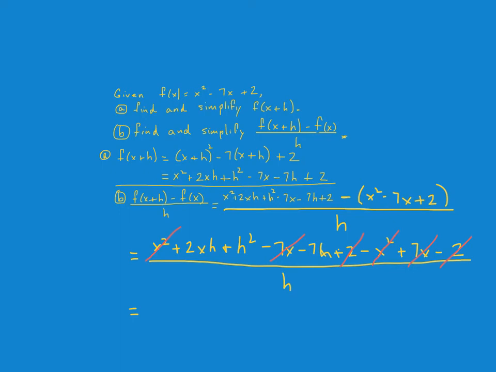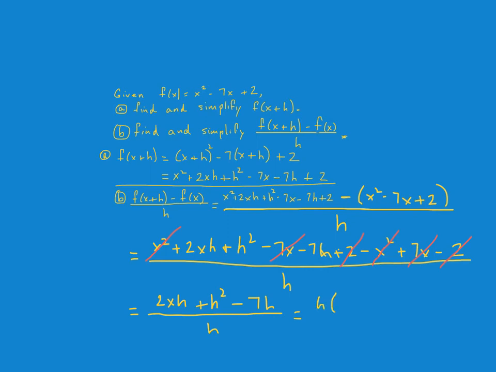Now, some problems it takes more than one step to do it, but this one it was just the one step. So we have 2xh plus h squared minus 7h remaining in that numerator. And we still have the h in the denominator. So now what we have in common, we have h.